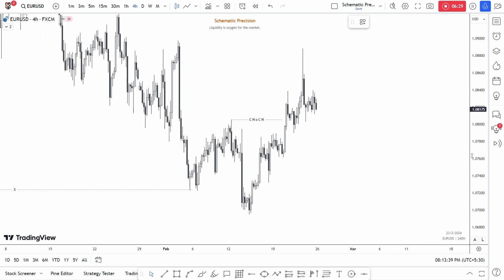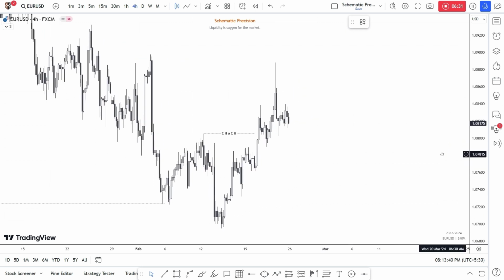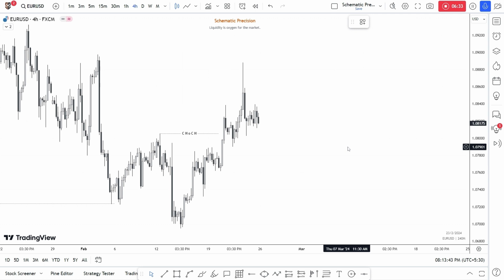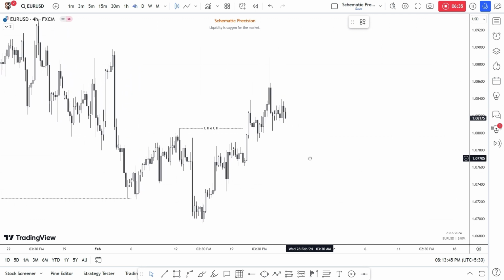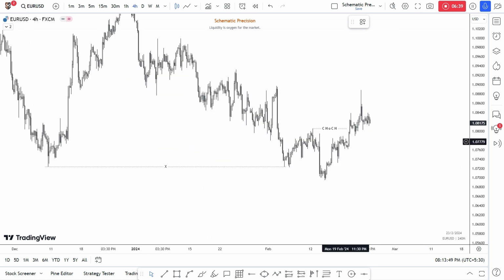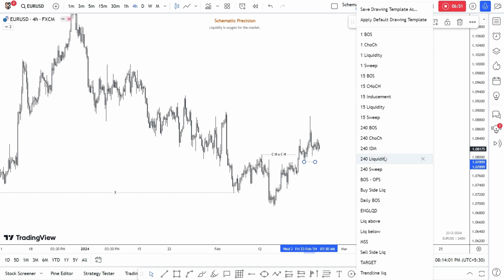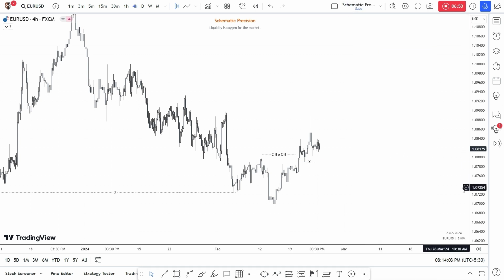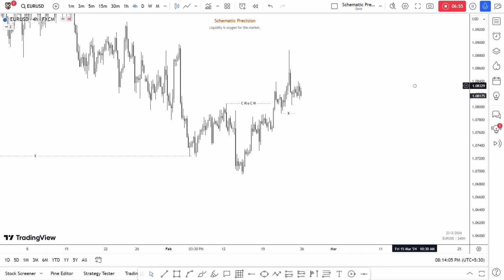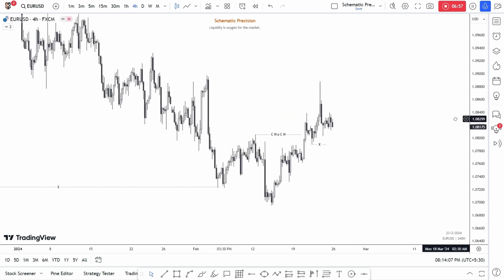So after this change of structure, what we have to look for now? As we are bullish now on this time frame and we are expecting price to go higher after this change of structure, the only inducement is this, right? This is our 4 hour inducement.